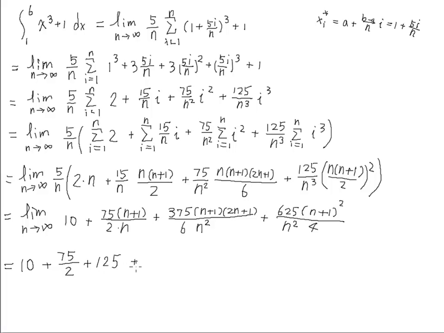How about the last one? The last one over here is 625 over 4. If we add up all these numbers, I believe the answer is 1,315 over 4. Okay, done.